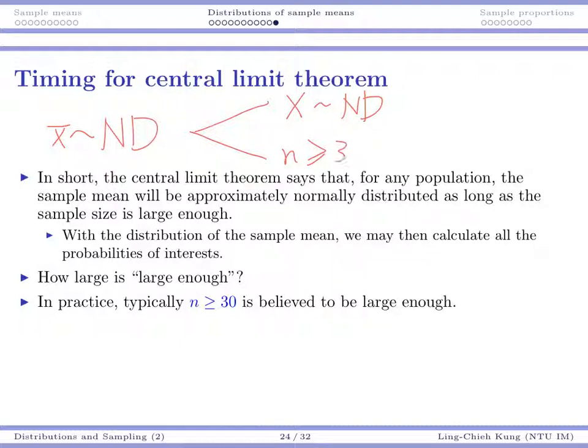So let's put 30 here. Either you have a small sample but from a normal population, or you have any population but your sample size is greater than or equal to 30. In either case, it's safe to say your sample mean is a normal random variable, and then you can do all the calculations you need. Okay, that's central limit theorem. Thank you.